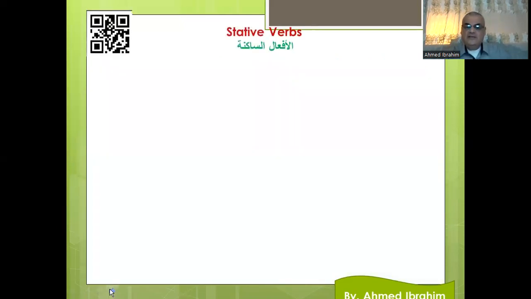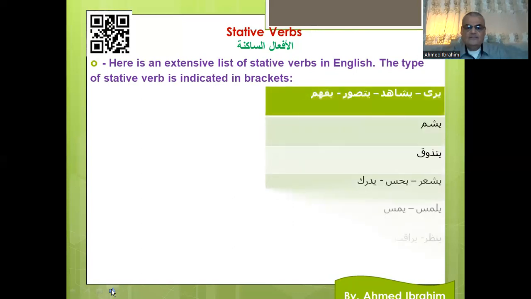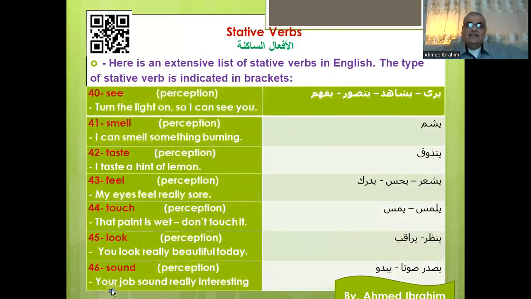Okay, stative verbs. Here is an extensive list of stative verbs in English. The type of stative verb is indicated in brackets. See, turn the light on so I can see you. Smell, I can smell something burning.